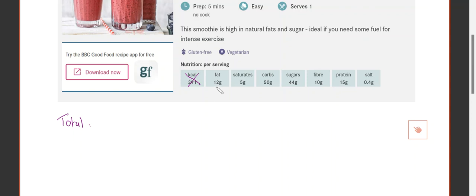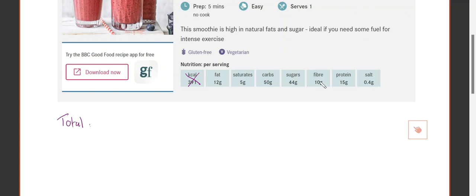Okay, so do I add fats, saturates, carbs, sugars, fibre, proteins, and salts, add it all together? Yeah. You sure? Okay. Do you know what sugars are? They're carbs. Do you know what fibre is? Protein. It's not actually. I had to look this one up.